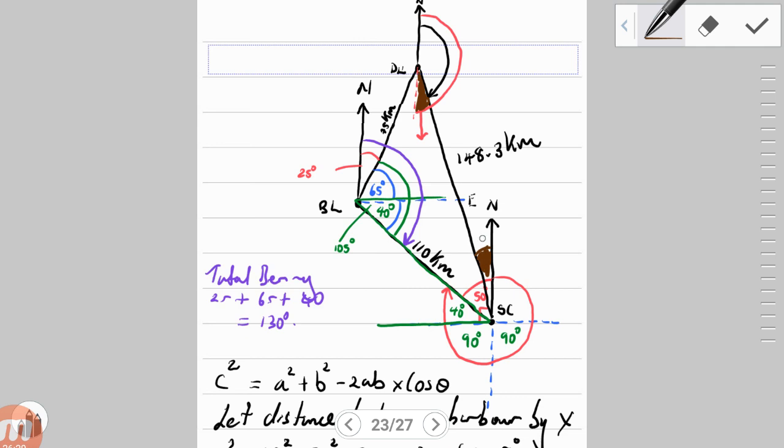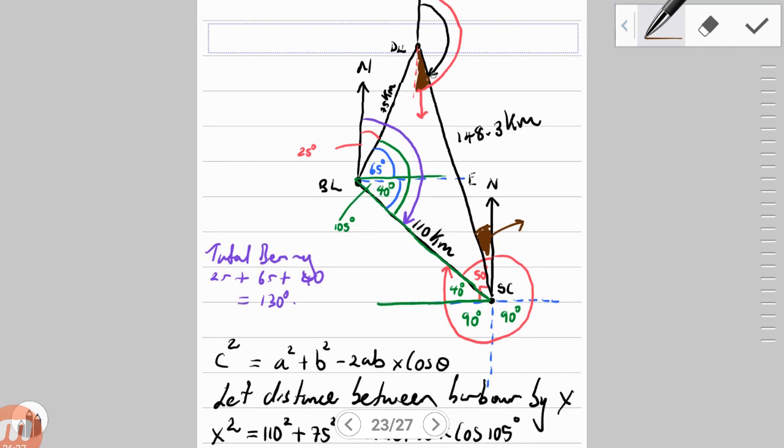If I can find this piece of angle here, then automatically I would have found this piece here. Once I've found this piece, I can take it away from 180. That's 180 minus this angle shaded here, and that will give us the total bearing that we're looking for. So everything boils down to finding the angle all the way down here.